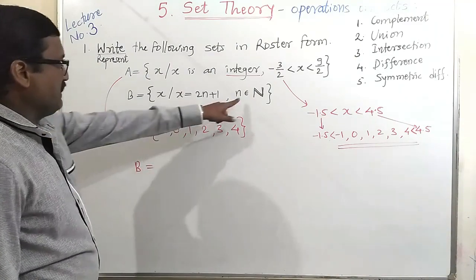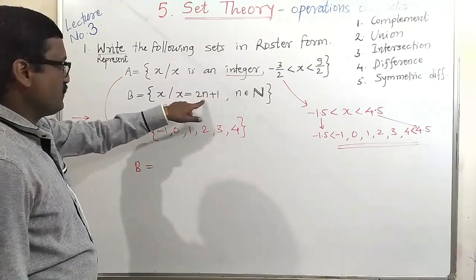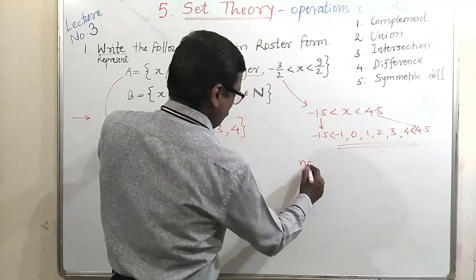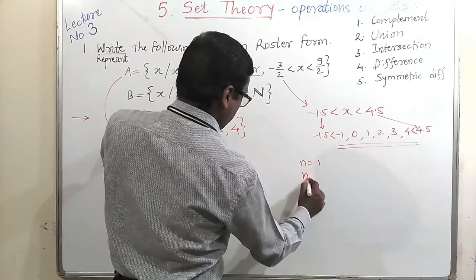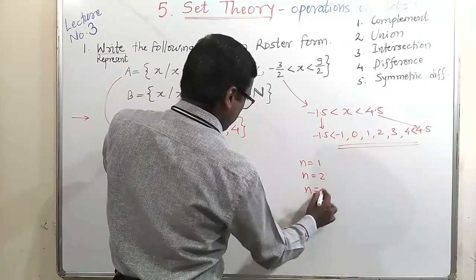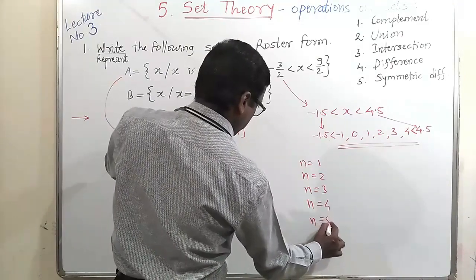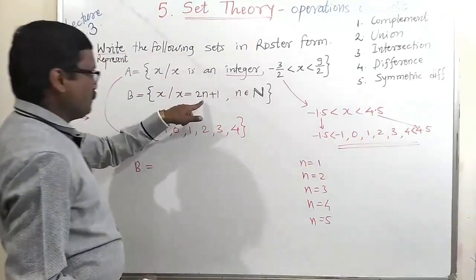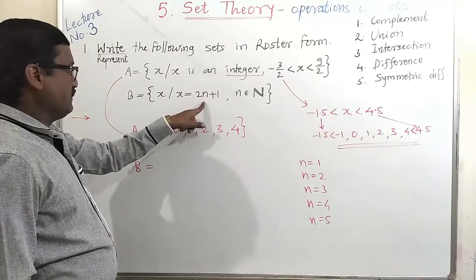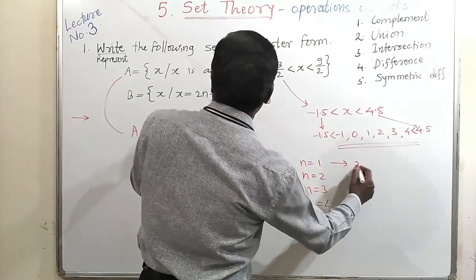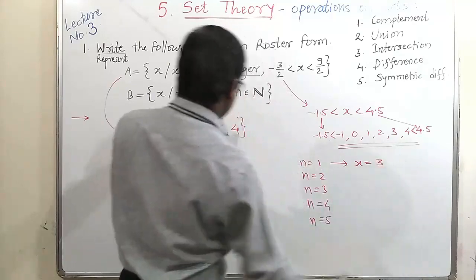Once again, here n is natural number, so put the values of n here. Natural number means n equal to 1, 2, 3, 4, 5, etc. Put n equal to 1, then we get 1 into 2, that is 2, plus 1. So we get x equal to 3.